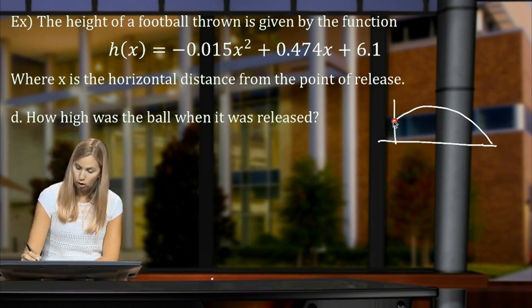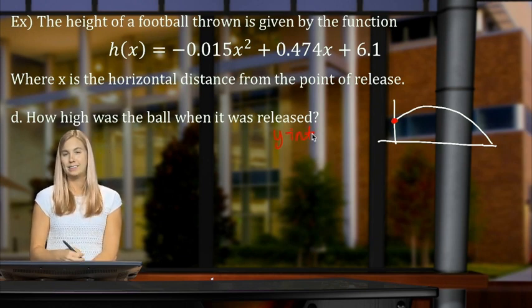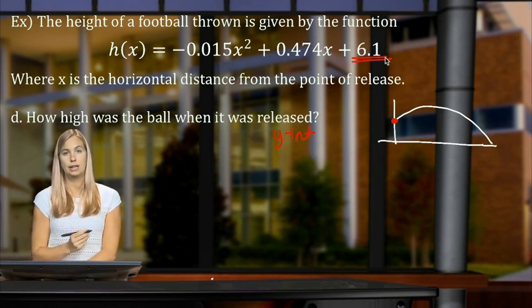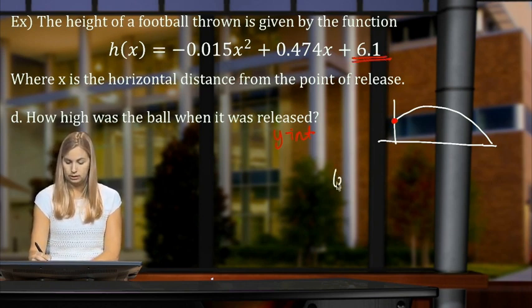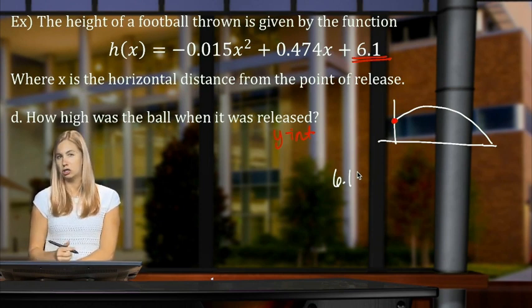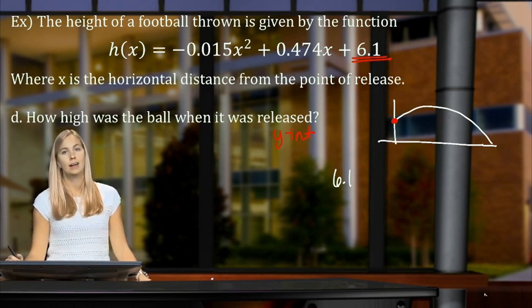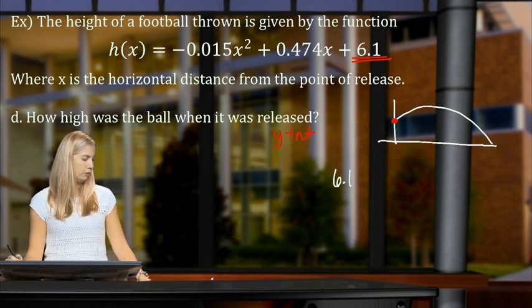So we're looking for our y-intercept. And since we don't really need to do any arithmetic, our y-intercept is that constant when it's in standard form. It was 6.1 feet, meters, whatever. That's why I assume it's probably measured in feet. If a human's throwing that ball, probably not 6.1 meters above the ground.